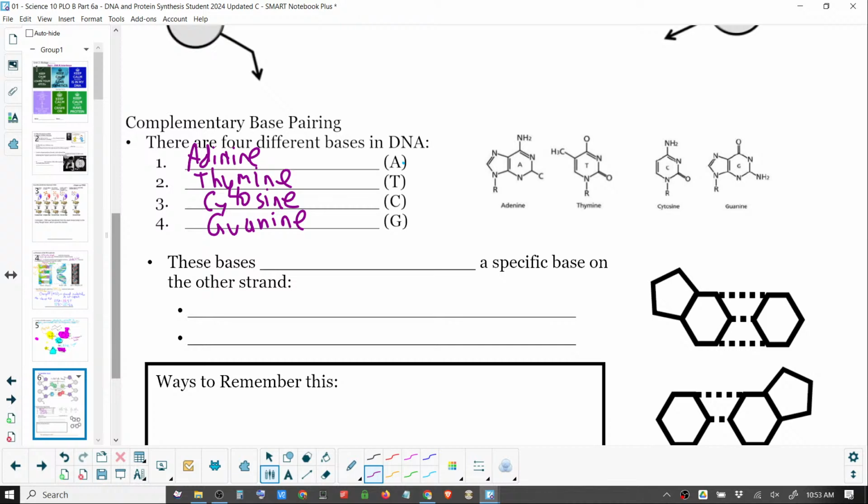And this entire pairing, G to C, and make sure I got it right, T to A, let's see, thymine should have the 6, A is that one, yep, and then G, that one. See, this pairing is known as Chargaff's rule.